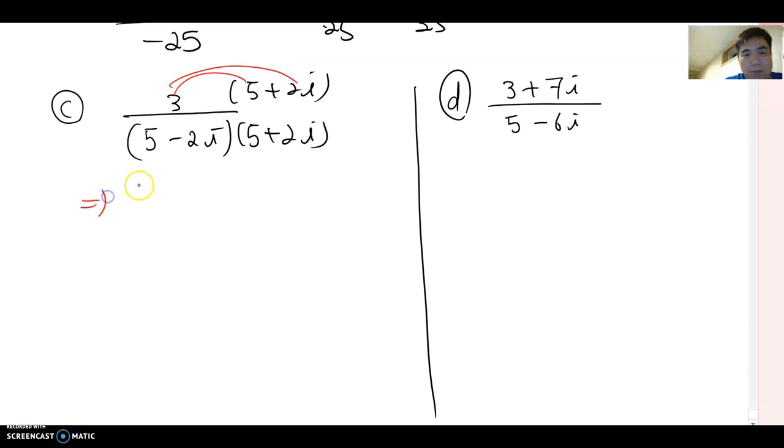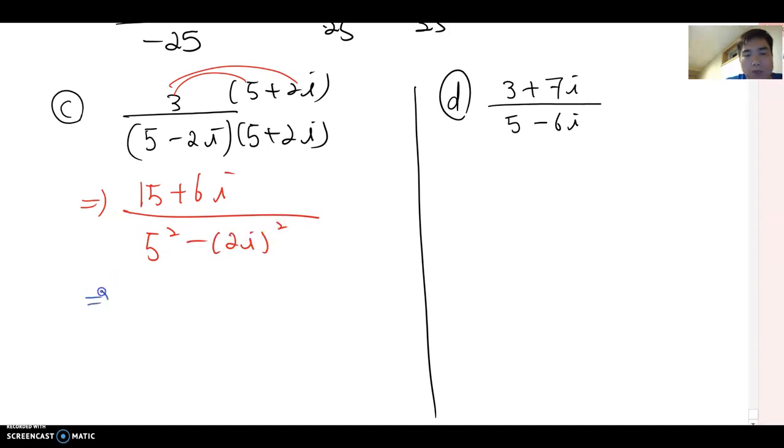Now, for the numerator, you have to distribute and find the multiplication, so this becomes 15 plus 6i. For the denominator, we know the property: with the conjugate, it is the first factor squared minus the second factor squared, so 5 squared minus 2i squared.